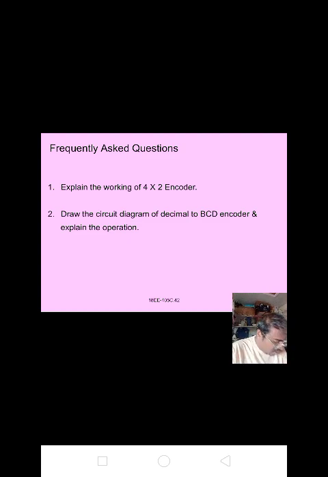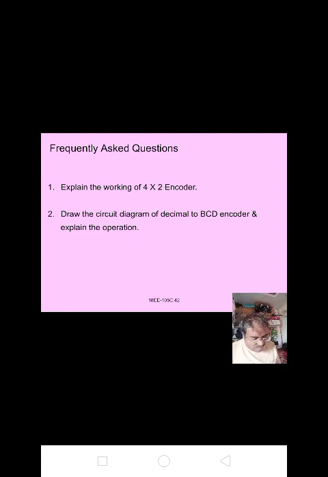Output for y0 equals 1 plus 3 plus 5 plus 7 plus 9. For y1 it is 2 plus 3 plus 6 plus 7. For y2 it is 4 plus 5 plus 6 plus 7. For y3 it is 8 plus 9.